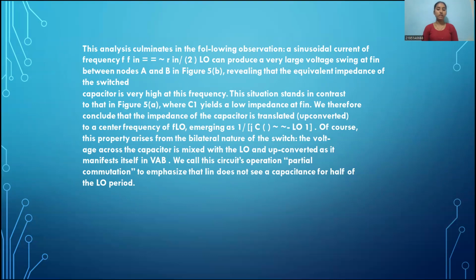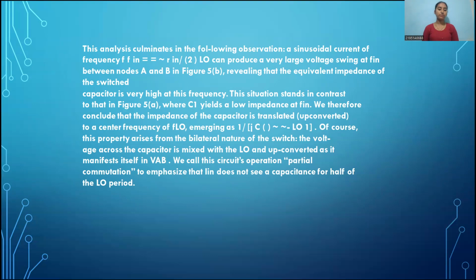This situation stands in contrast to Figure 5a, where C1 is a low impedance at fin. We therefore conclude that the impedance of the capacitor is translated to a center frequency of fLO, emerging as 1 by C ωLO.